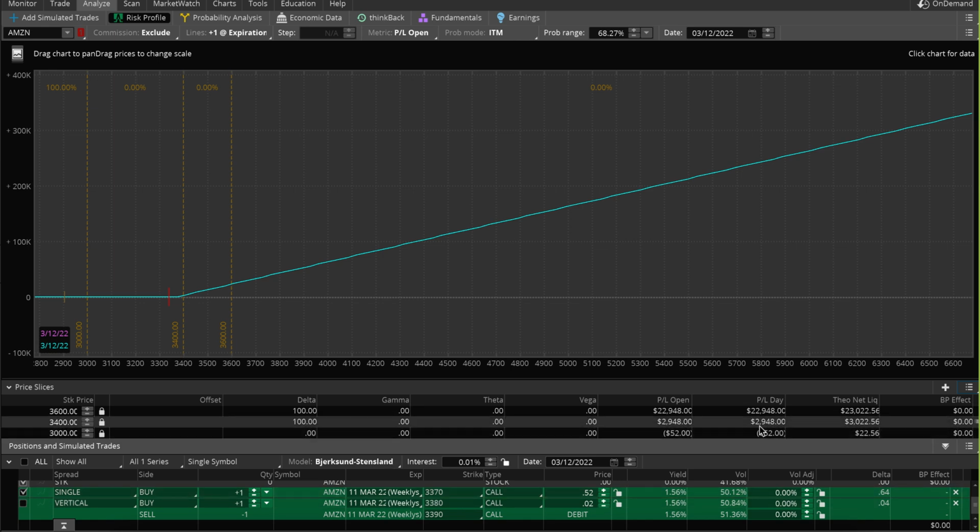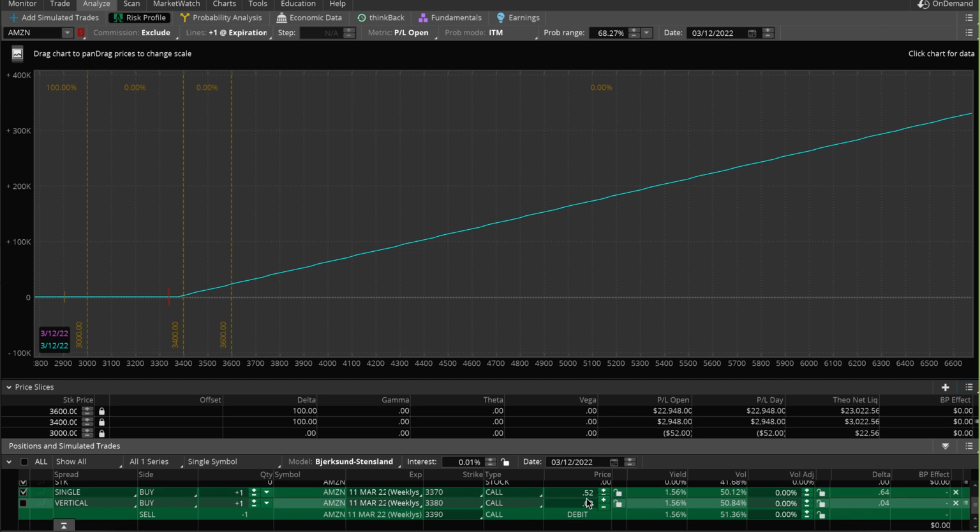If it was 3,400 by the end of the week, our $52 would net us a profit of almost $3,000. If Amazon traded for $3,000 at the end of it, we would lose all of that $52.